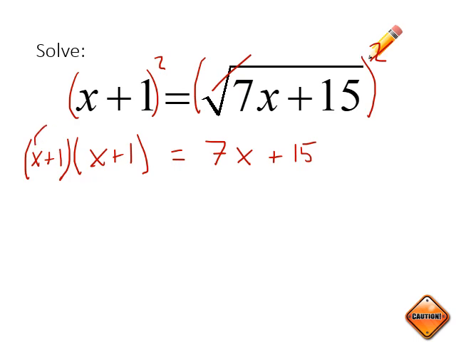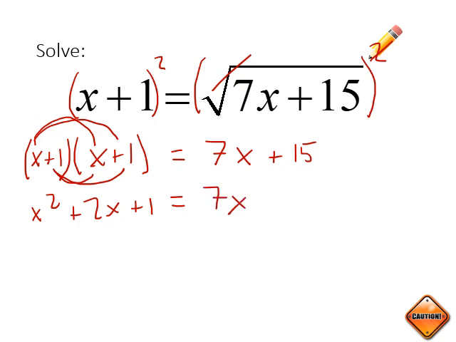So I take x times x, I get x squared, plus 1x plus another x is plus 2x, plus 1 equals 7x plus 15.